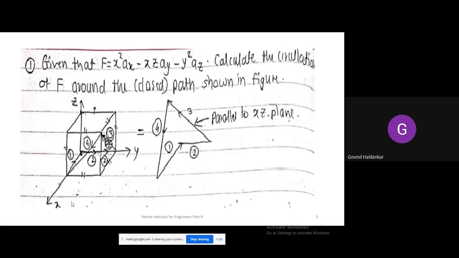So line is a path along a curve in a space. Space means you can specify it in 3 coordinate axes. So this is the space. In that space, this cube is there with these lines, or it's called path.